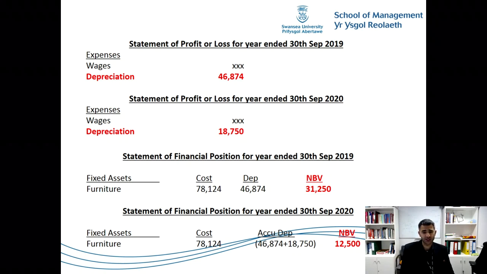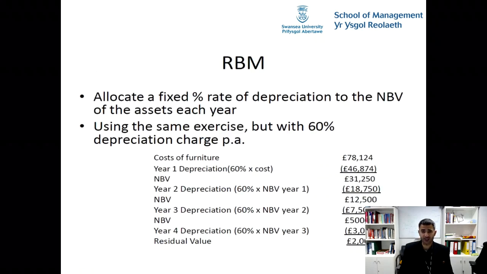In 2020, you take the depreciation for 2020 plus 2019. In 2021, you take the depreciation 2021 plus 2020 plus 2019, and it's the same. So as you see, we calculated the net book value here.